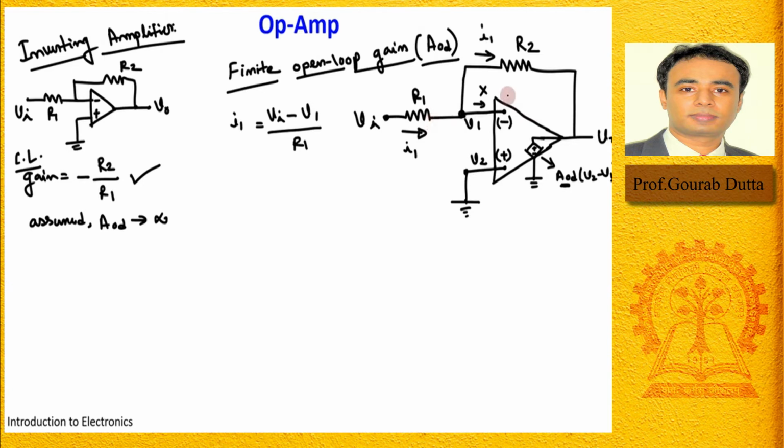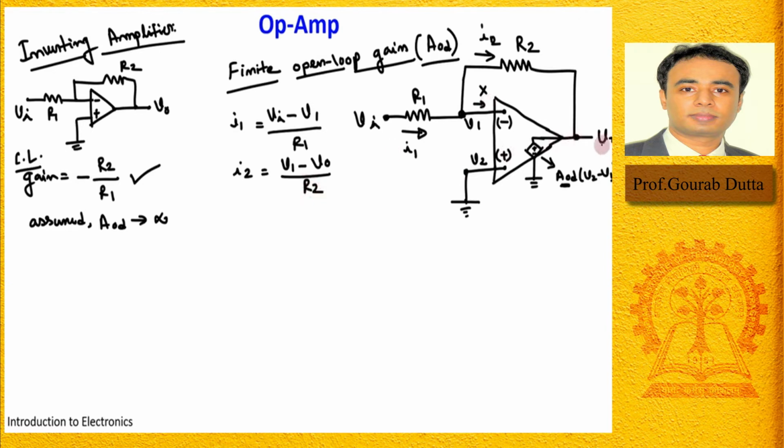Let us say this current is I2, where I1 equals I2. We will do it step by step. So what is this I2? I2 is nothing but V1 minus V0 by R2.